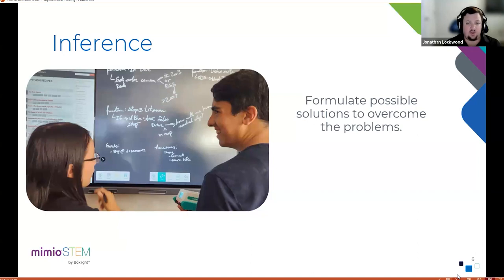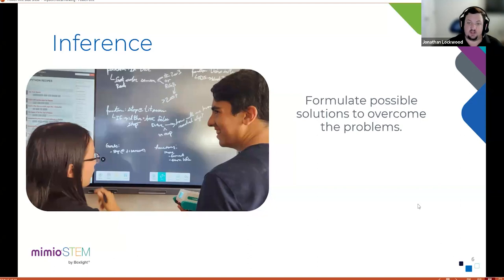Because what's great about coding, and we're going to talk about this coming up, is there's not necessarily one single correct answer when it comes to creating code or programming a robot to accomplish a challenge. Right? Students are going to find ways to do things differently, maybe do things in a more succinct fashion, and really focus on improving and enhancing the challenge by creating and improving their code.